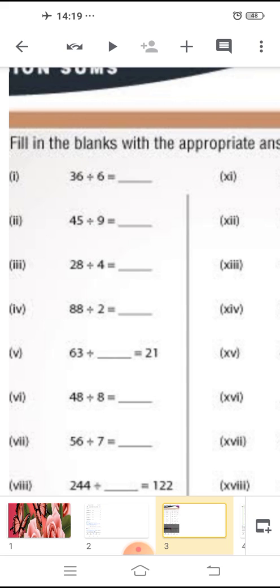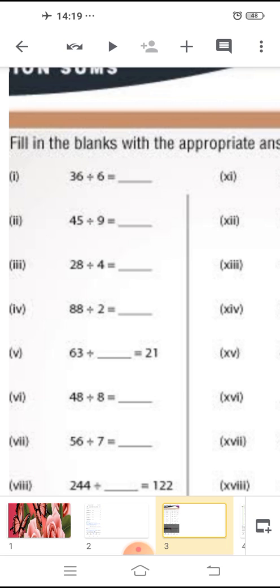Fill in the blanks with appropriate answer. So children, in this how many times, somewhere we are going to do plus, somewhere divide, and somewhere multiply.